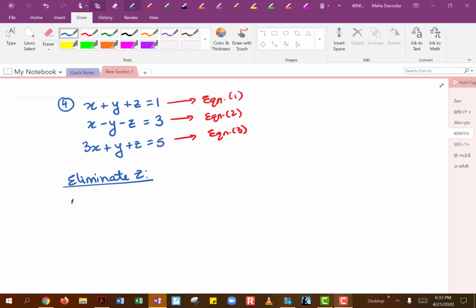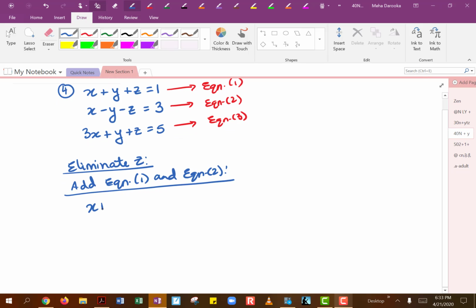So to eliminate z, I'm going to go ahead and add equation 1 and equation 2. So let's see, that will give us x plus y plus z equals 1, x minus y minus z equals 3.